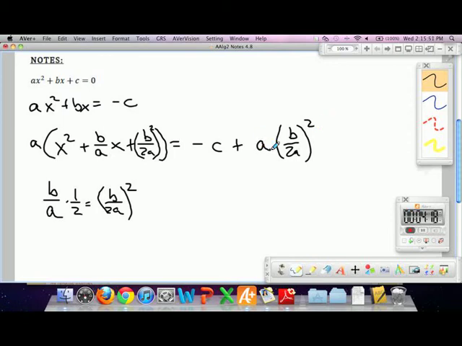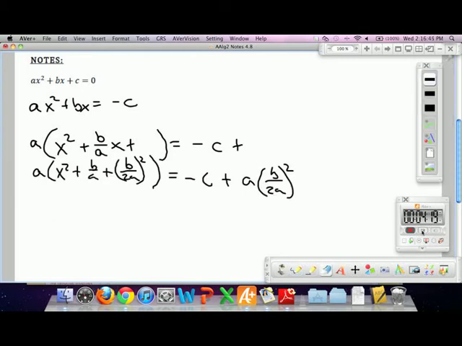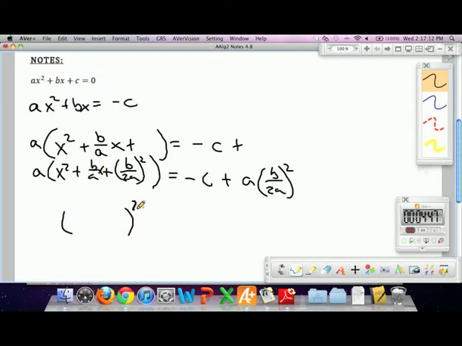I rearranged the equation, factored out a, then completed the square on the left side. I took half of what's in the middle, half of b over a is b over 2a, and squared it. That's what I need to add inside the parentheses so I can write this as something squared.